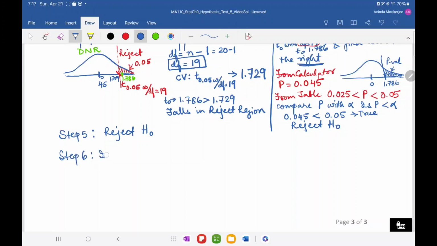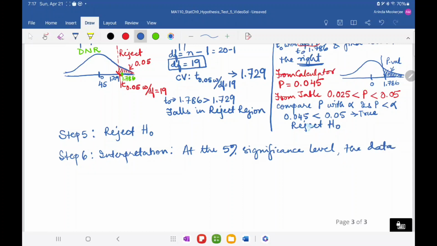Step 6 is to interpret it. So it's the interpretation where we start off by saying that at the 5% significance level, the data do provide, because when it is a reject decision, that means our evidence was strong enough to reject the null hypothesis.